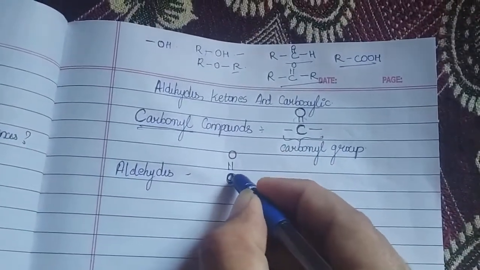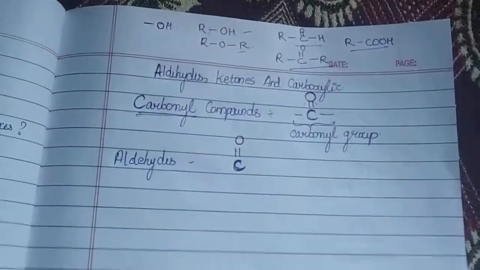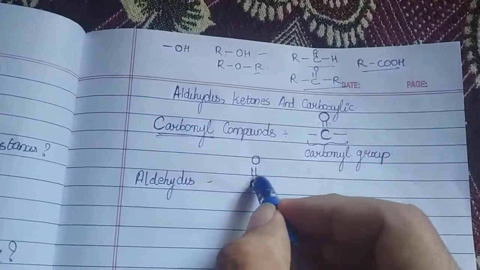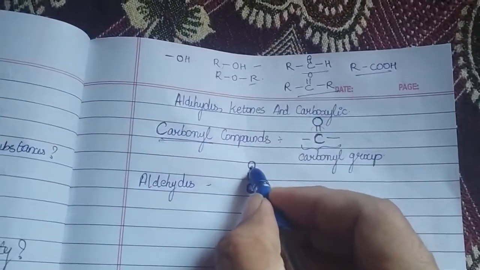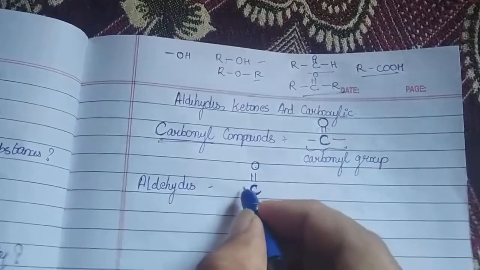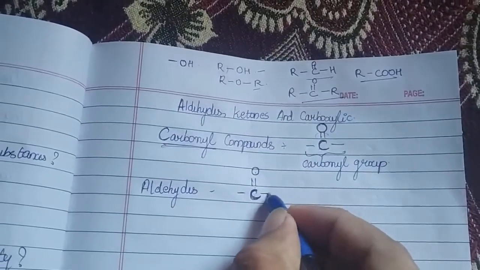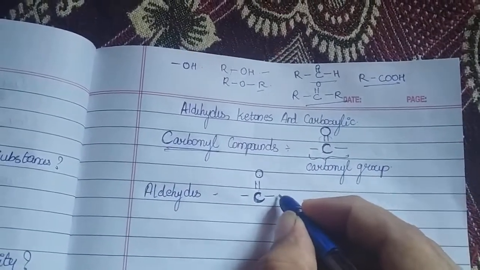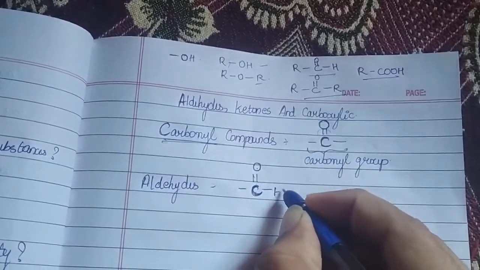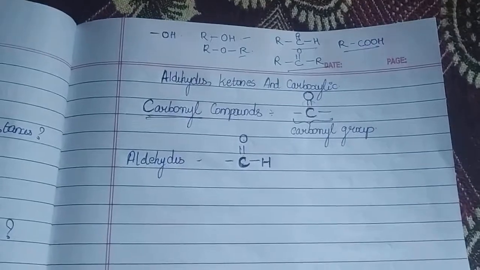We know the carbon has tetravalency. Of course, two of its bonds are formed with oxygen. But remember, one more valency of carbon in aldehydes will be satisfied by hydrogen. Are you getting my point?